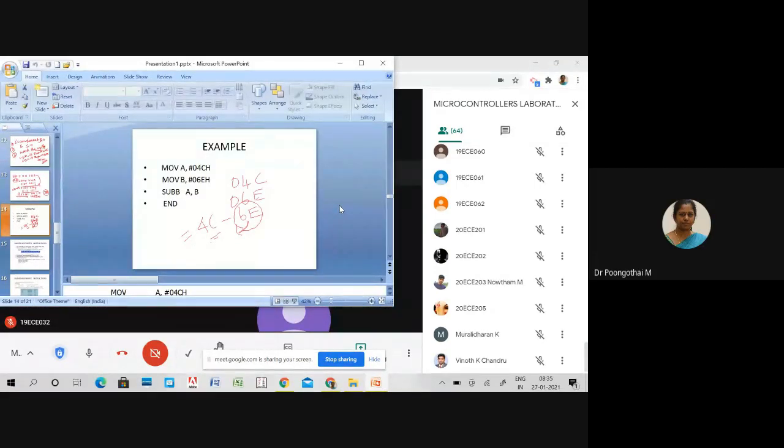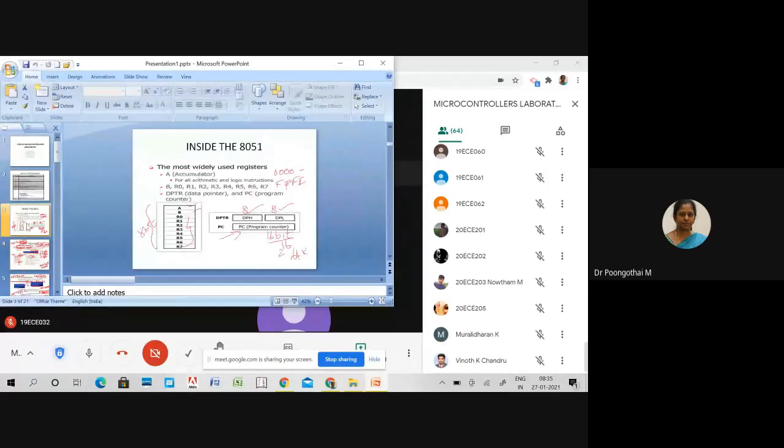Good morning. So, last lab section, I taught you about the basic architectural features of your 8051. That is all your registers, general purpose registers, accumulator and memory pointer.